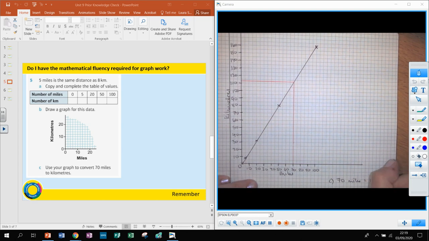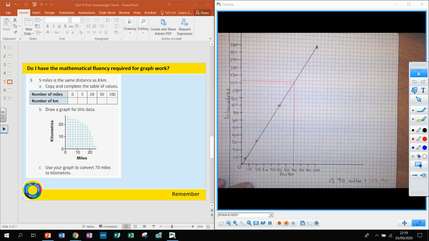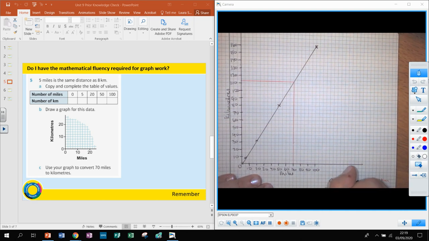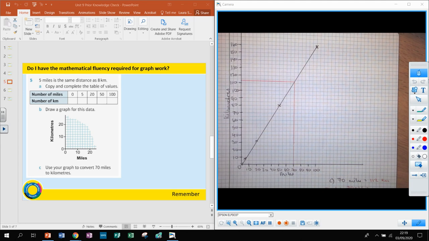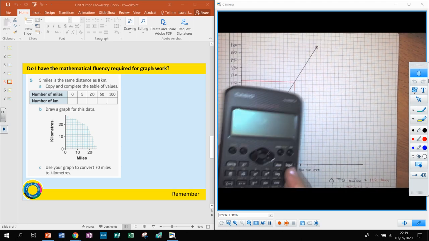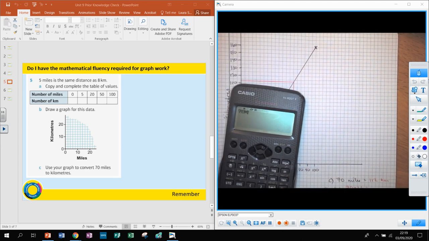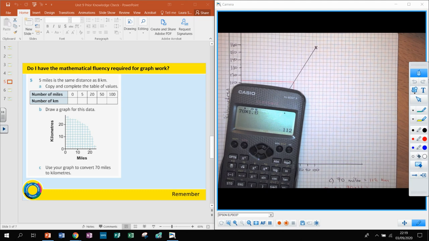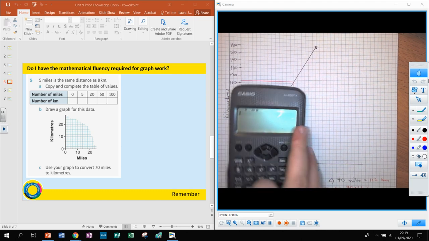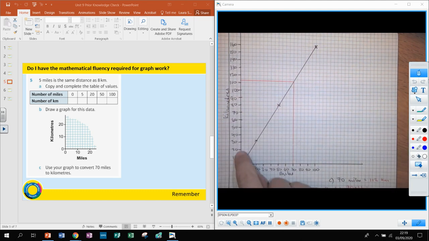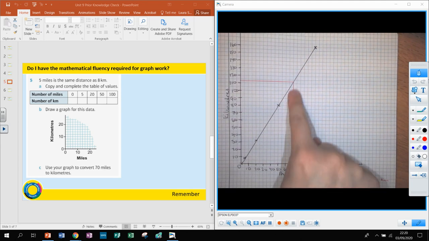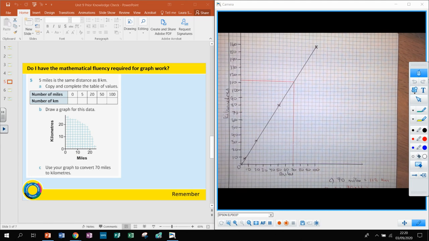Let's actually check that with our calculator because we know that our multiplier is 1.6. 70 times 1.6 is equal to, how close were we? Oh, look, 112, perfect. Obviously the more little squares you had in between, the more accurate your results would be when you did that process.